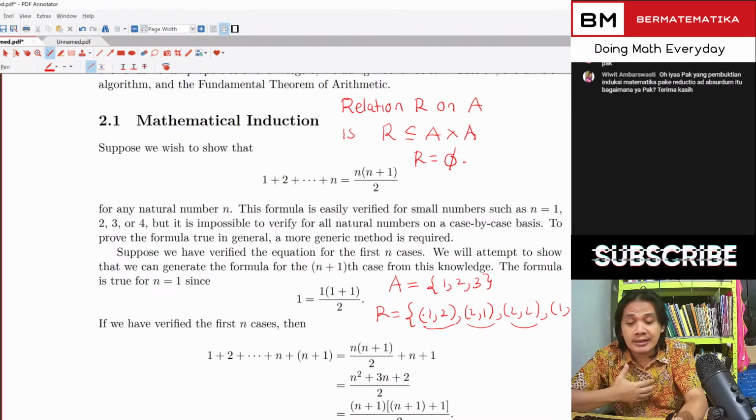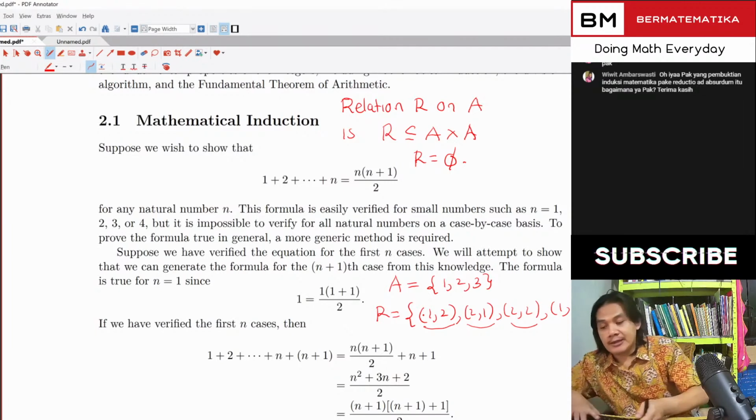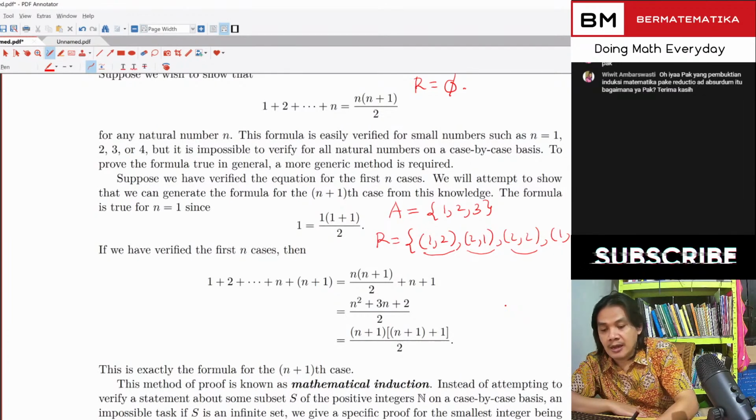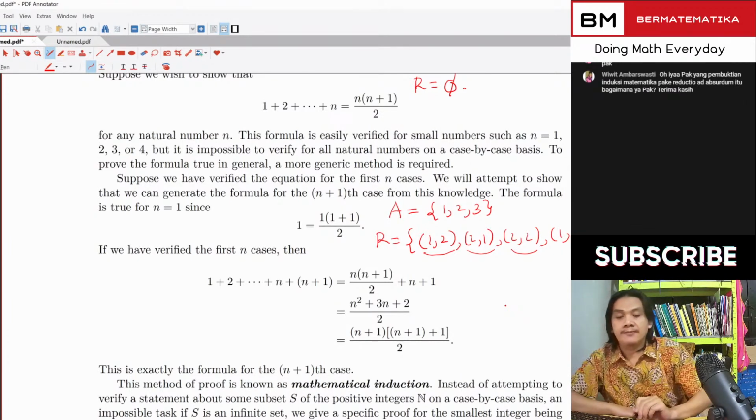How about the reflexivity? Is it reflexive? So we need to check again the very definition of the reflexive property. It requires that for any element of A, reflexive means that any element in A is in relation with itself, right?